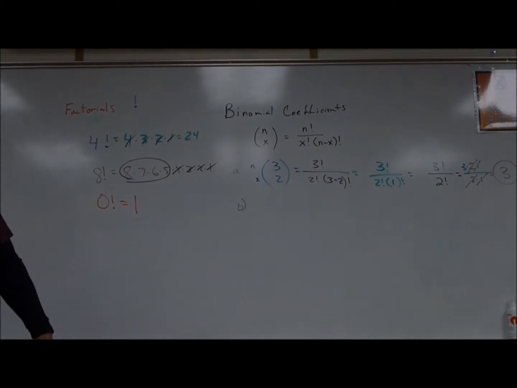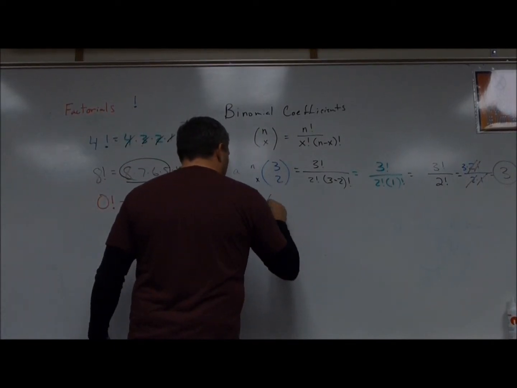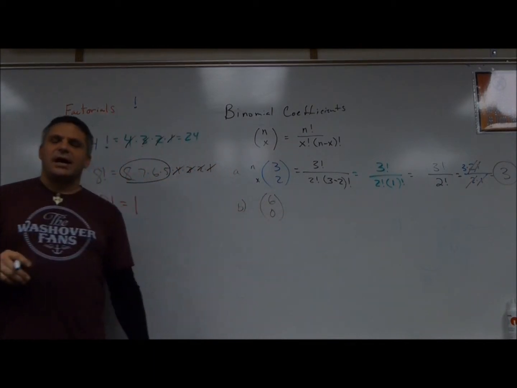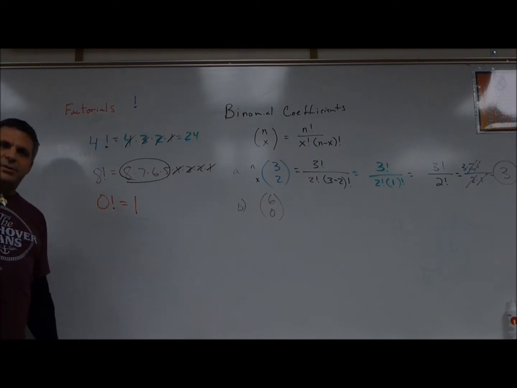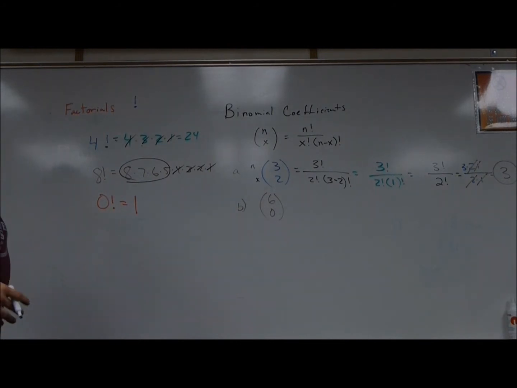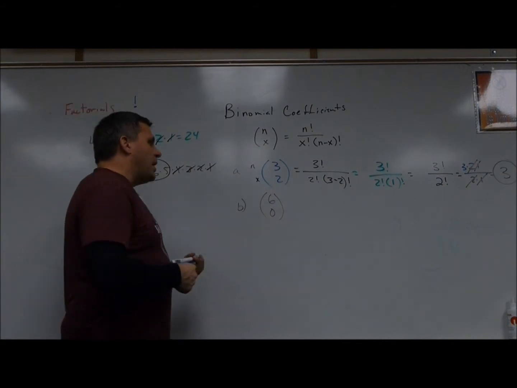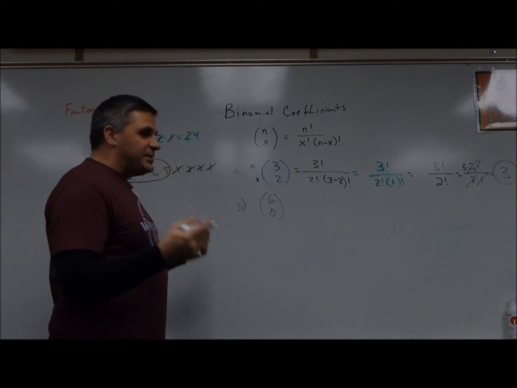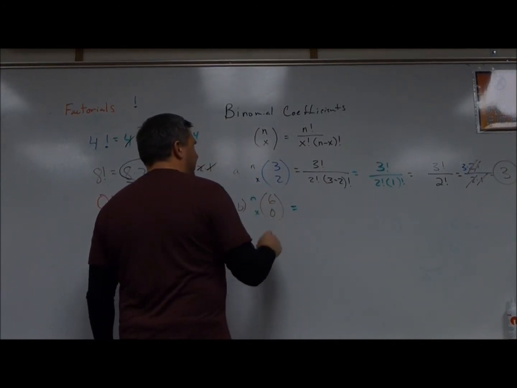Oh, yay. 6 over 0. This is the one that threw me for a loop because I forgot that the factorial of 0 wasn't 0, it's 1. So you have to remember that the factorial of 0 is 1. Once you know that, you have n and you have x.